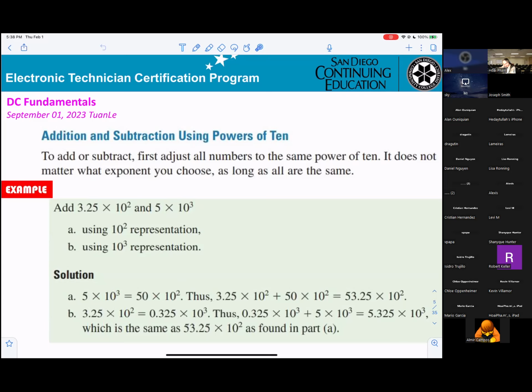When you add them, you get 53.25. The power will be the same. That is the way we add or subtract. Make sure you change them to the same power. That's what we want.